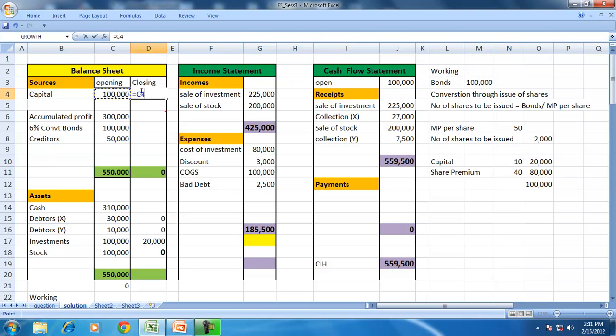So capital will increase by 20,000. Share premium will appear on the balance sheet for the first time, and the bonds will reduce.